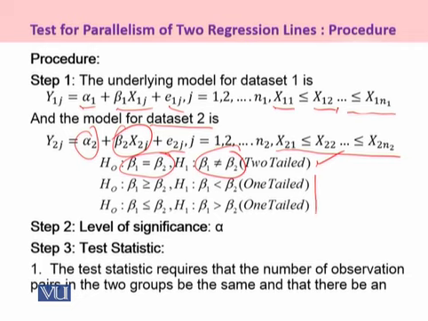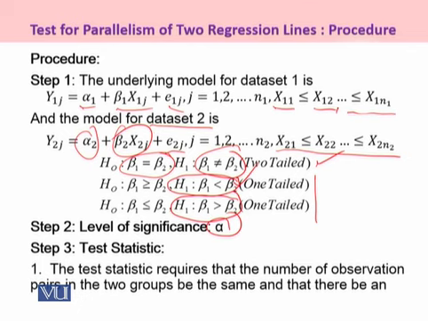And for the one-tailed test, we can test a particular directional relationship between beta 1 and beta 2. For instance, beta 1 is less than beta 2 or beta 1 is greater than beta 2. Under step 2, we will be taking alpha as 5%, 1% or 2%.